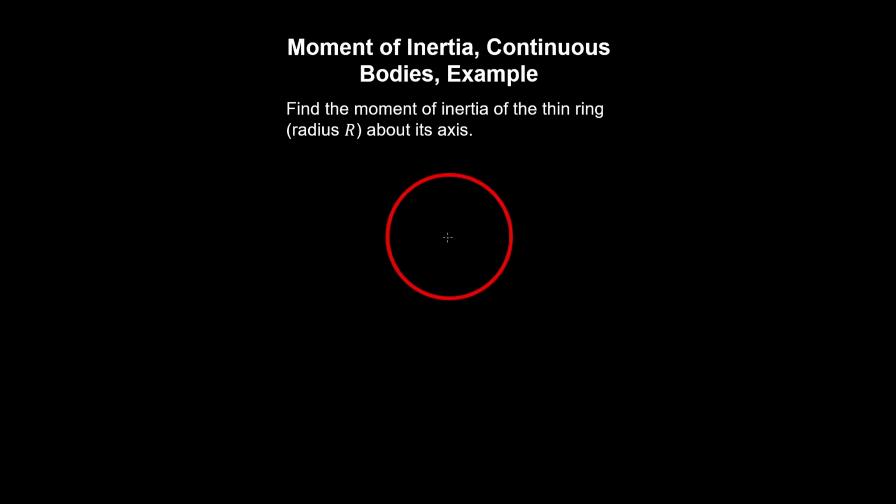Let's find the moment of inertia of a thin ring with a radius r about its axis, which points out of the plane. So recalling the definition for the moment of inertia, in this case we can choose our differential mass element as some slice of that ring.